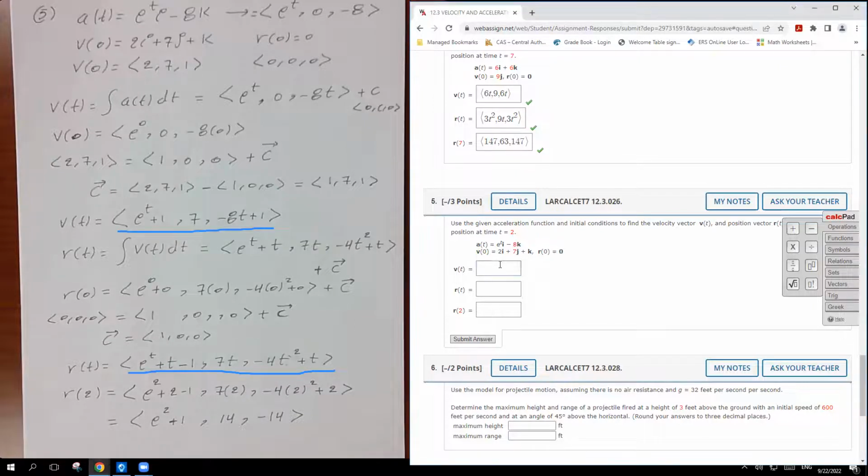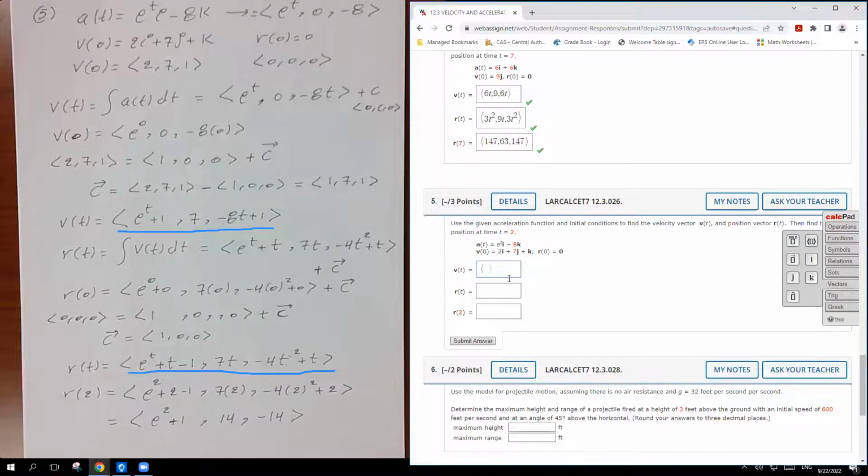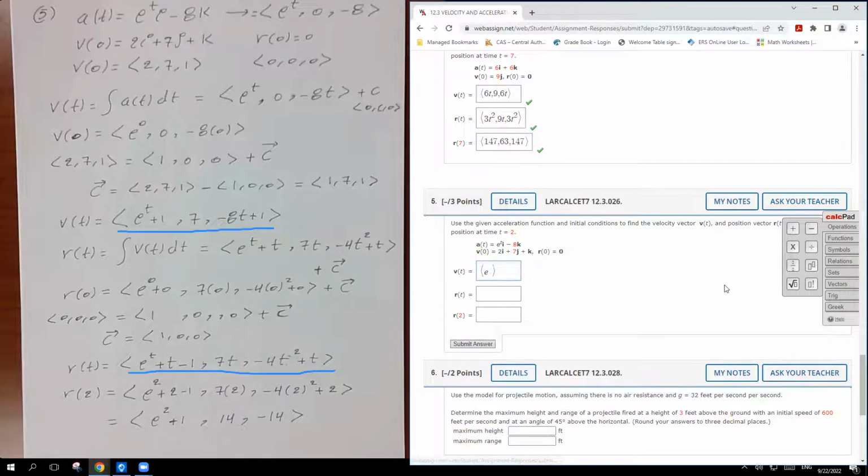So the velocity is going to be, as a vector, e to the t minus 1, e to the t plus 1, and comma, the second one is going to be 7, and comma, the third one is going to be negative 8t plus 1.